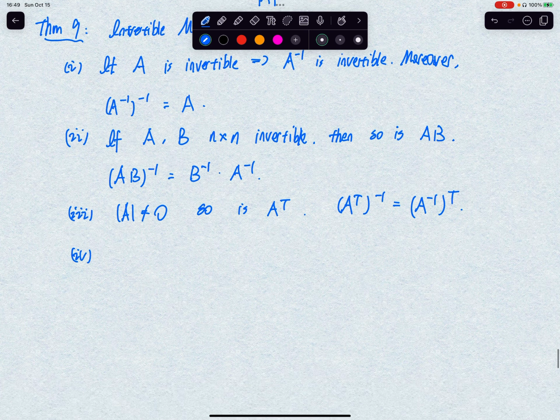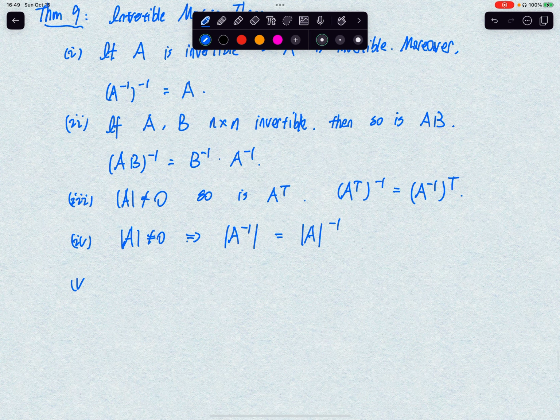The next result is a relationship between the determinant of the original matrix and its inverse. So still, if A is invertible, then the determinant of its inverse equals the determinant of A, to the inverse.